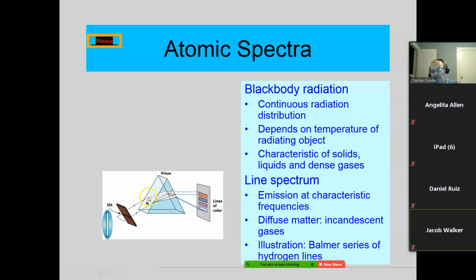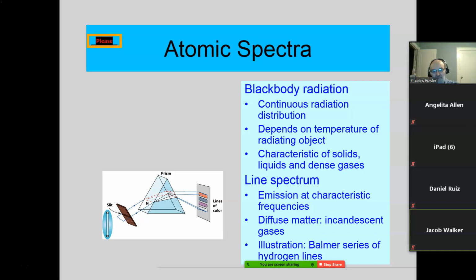You send it through the same and you get the lines of color. This is called a line spectrum. You get a reddish one up here, a bluish one here, a violet one here, and then maybe just a combination down here. That really doesn't seem to fit what we're talking about, but the idea is you get a separated line spectrum.